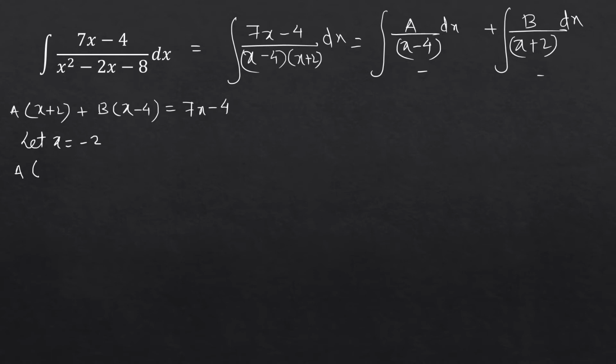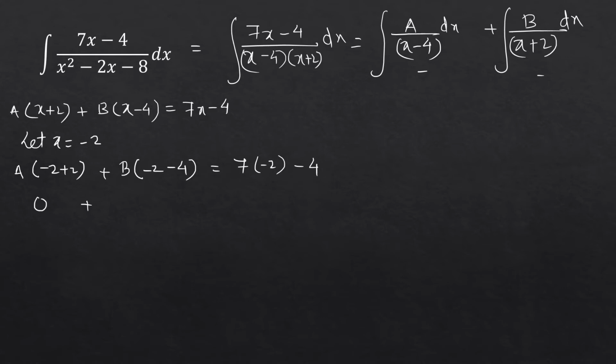a times minus 2 plus 2 plus b times minus 2 minus 4 is equal to 7 times minus 2 minus 4. So this will become 0. a times 0 is going to be 0.